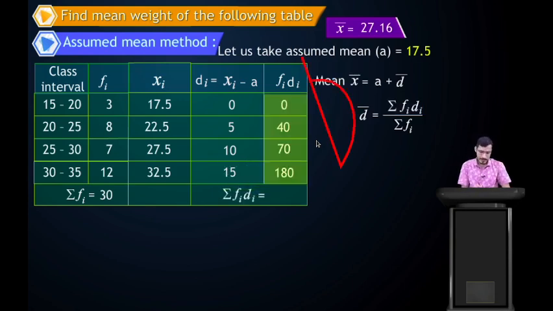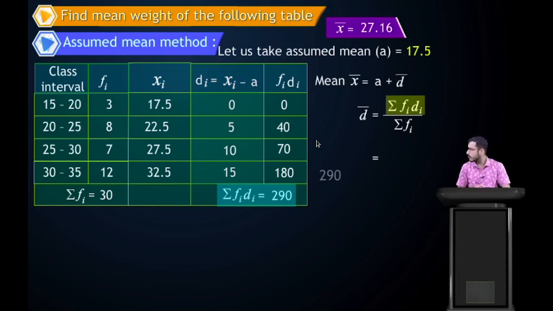Now add all the observations: 70 plus 40 is 110, plus 180 is 290.